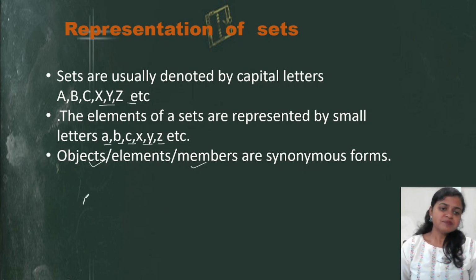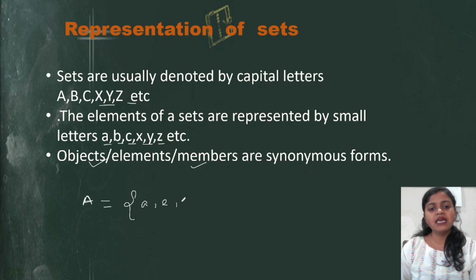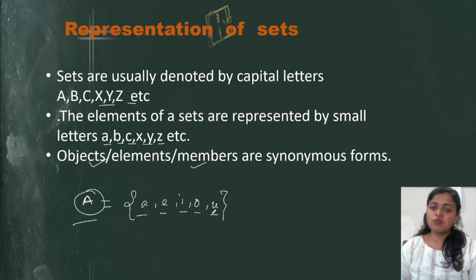So if I say the vowels of the English alphabet, this is the set of vowels, and we write it like this: A, E, I, O, and U. So the set is represented by a capital letter, and the members are represented by small letters.